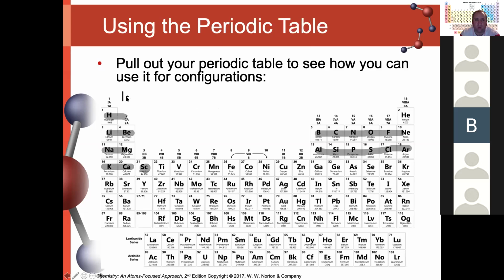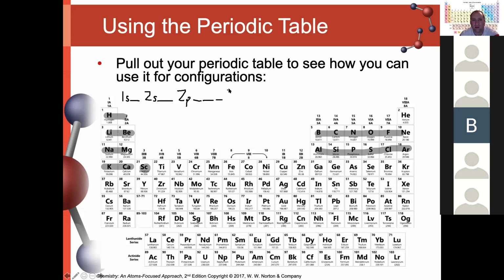So I've got 1s, I've got 2s. Each s sublevel has only one orbital in it, so I'm only going to put one line. I've got 2p. The p sublevel has 3 orbitals in it, so I'm going to put 3 lines.